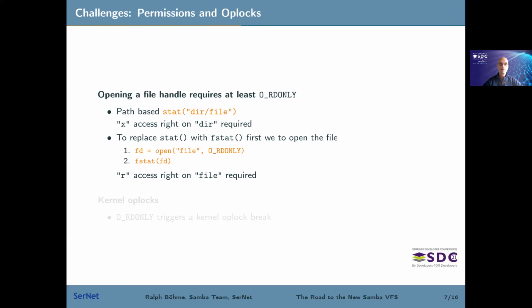Now, replacing this stat with an FSTAT, you first need to open the file so that you can FSTAT it, which means you need read access on the file. And obviously that's different, so you get different permission semantics. Sorry, it looks like there is a dir/ missing here when opening the file, but the result is the same: you get different permission semantics.